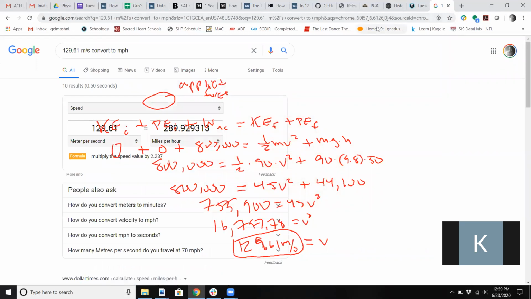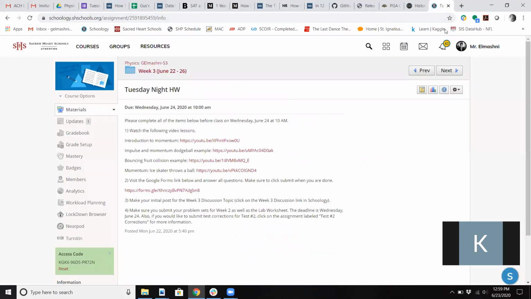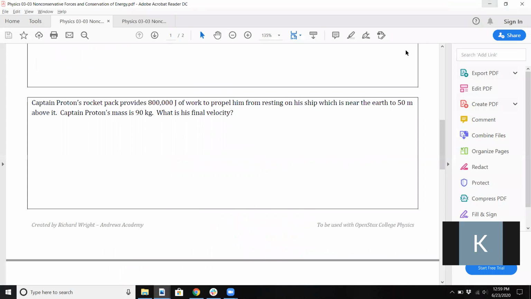So it was going really, really fast. Actually, I think it was going even much faster than that, but at 50 meters at least, which is probably what, 150. No, it's actually not even that high. So it would probably be accelerating even more afterwards.